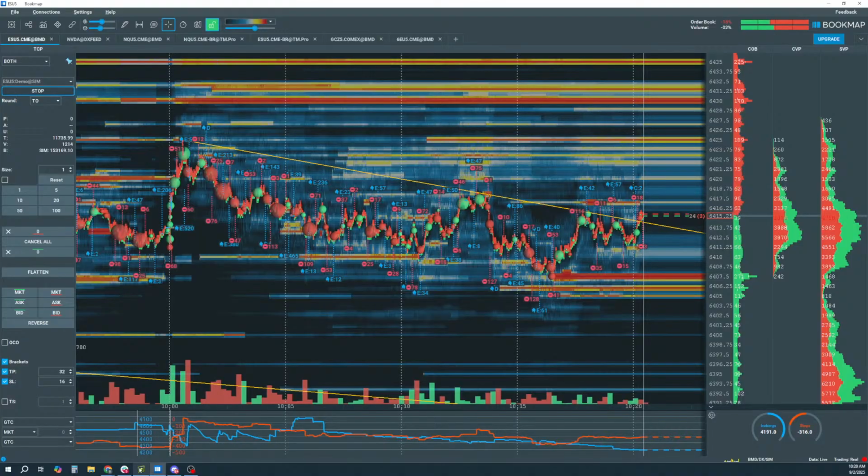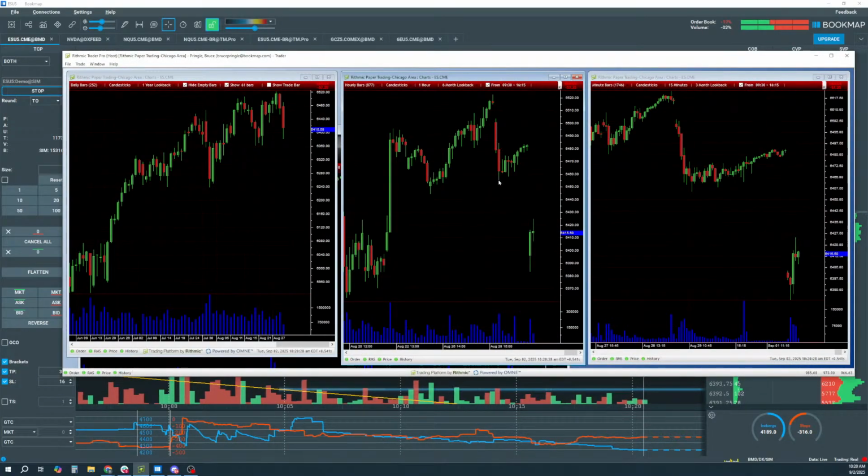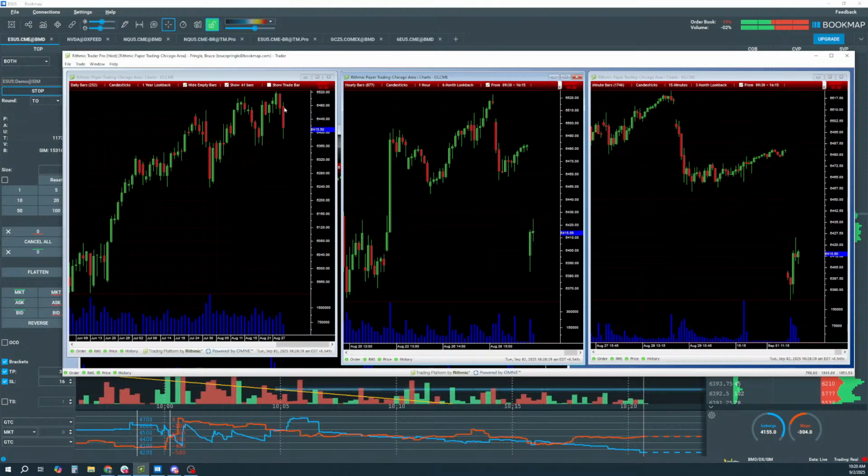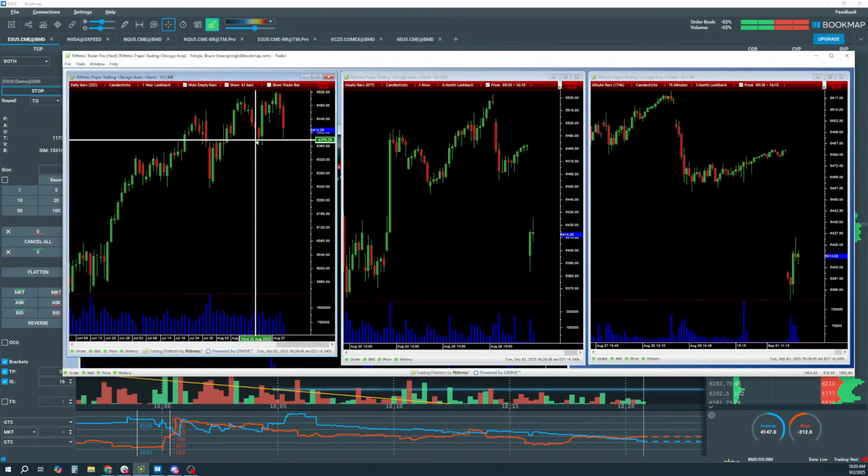All right, let's jump back here before staring at some of the order flow. Our bigger picture: looking at the daily on the left, the hourly in the middle, and the 15 on the right. Here's the big down candle, a pretty big drop, and into these wicks down here.